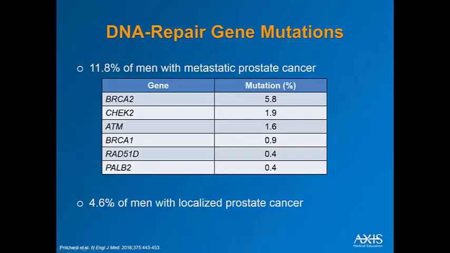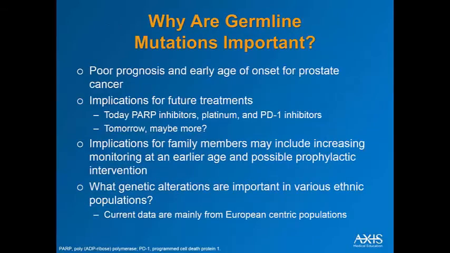First of all, I'm going to start talking about those individuals with metastatic disease, and one of the more interesting things that we found just in the last year, from a New England Journal article published in 2016, was that about 12% of men with metastatic prostate cancer actually will end up having a mutation in part of the DNA that they're born with.